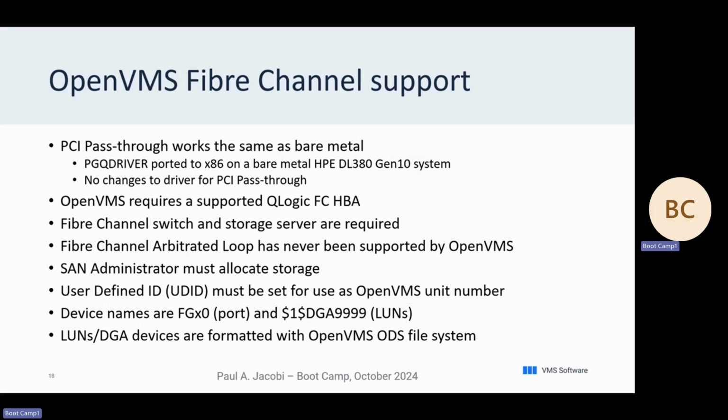LUN 0 is for something else, I think. There was something way back when in VMS that wanted to connect to a LUN 0, I think it was the GG driver, to do the media robot or something. But the most common reason you don't see a DGA number is when the SAN administrator did the presentation, he did not set the OS unit ID.